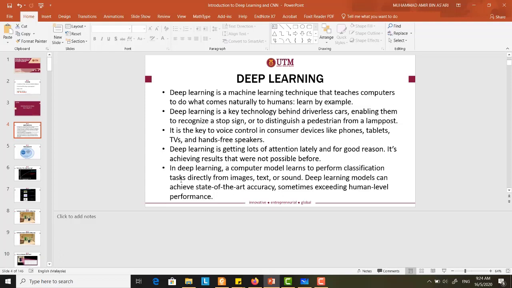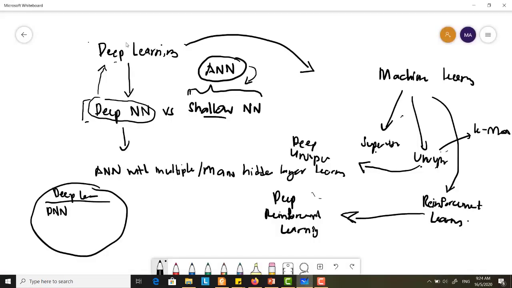So in our syllabus, we also use the same definition, meaning that when I say deep learning, it refers to deep neural network, which is an artificial neural network with multiple or many hidden layers. One of the popular deep neural networks that we'll discuss in our class is CNN. So don't worry about that.